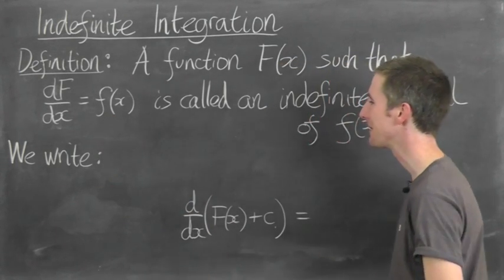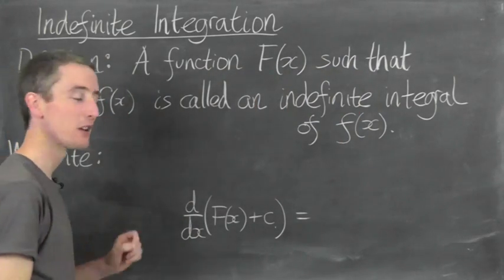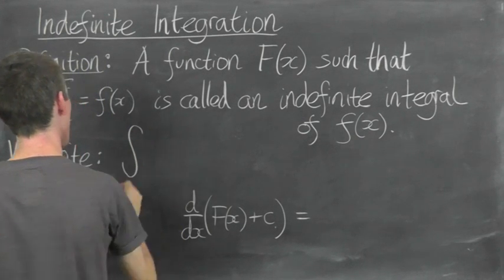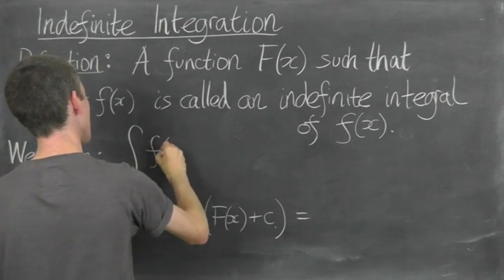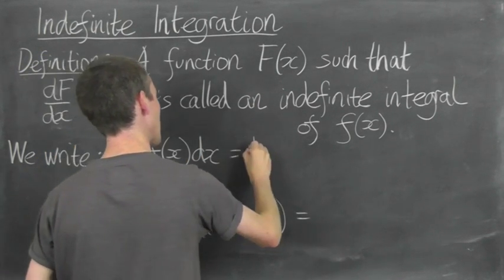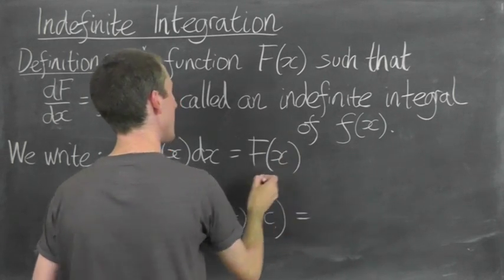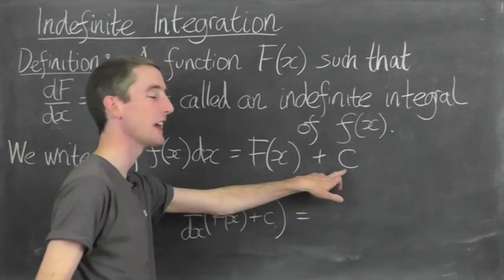That sounds complicated, but it's not. There's a way to write the indefinite integral. As you can guess, it involves the integral sign. We write the integral of f(x) dx equals capital F, not forgetting to add a constant of integration, that's c.